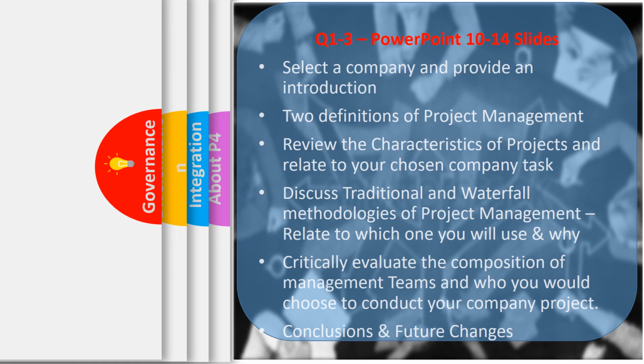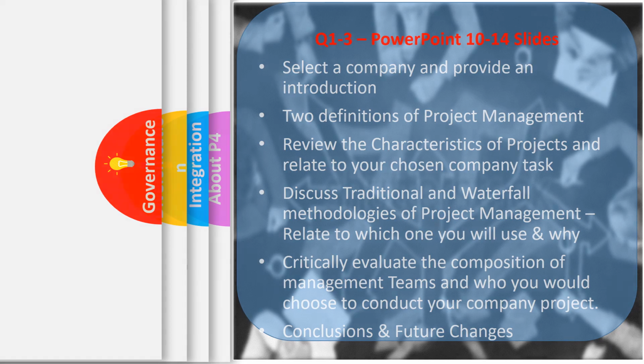And then you need to critically evaluate the composition of your management of teams who you would choose to conduct your company project. So review the composition of the teams and how you would conduct your meetings and how things would be conducted. Finally, conclusions and future changes. So that's it in a nutshell.